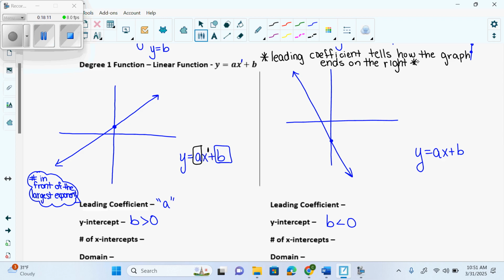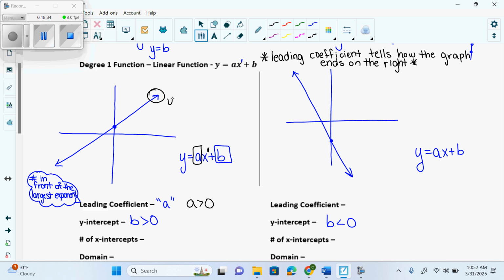All right. So it tells how it ends on the right. So let's look at this one. How does this graph end on the right? Up or down? Up. So my a is greater than 0.